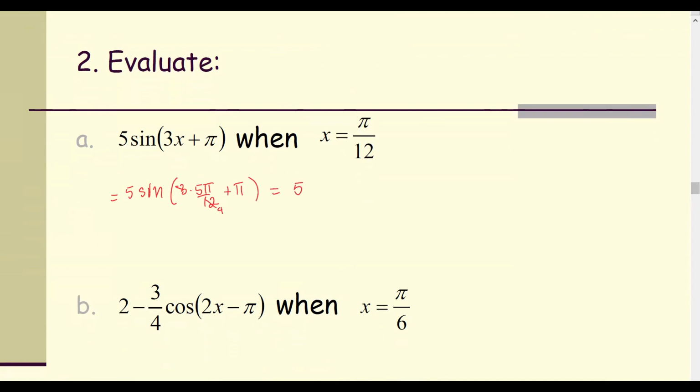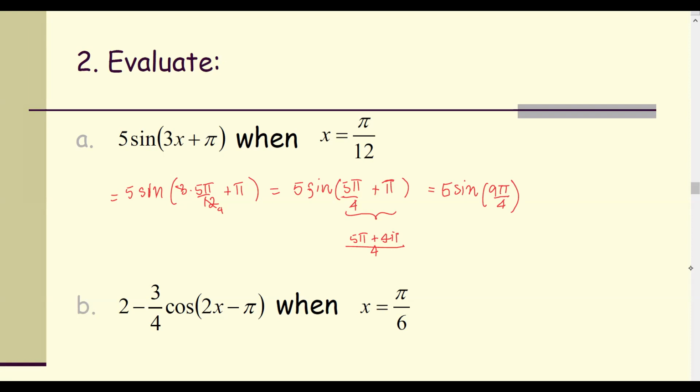This becomes 5 times sine of pi over 4 plus pi. Then simplify pi over 4 plus pi with the common denominator 4. So pi plus 4 pi. That gives us 5 times sine of 5 pi over 4.